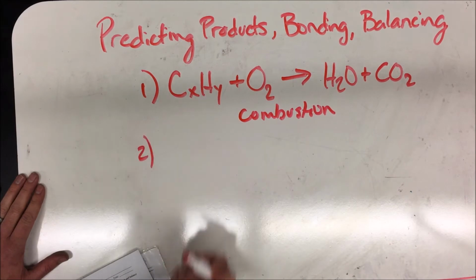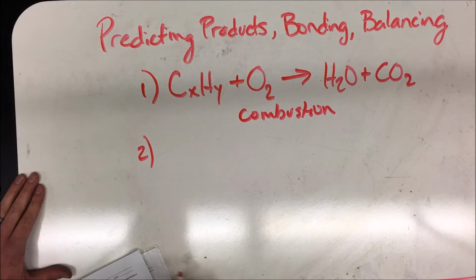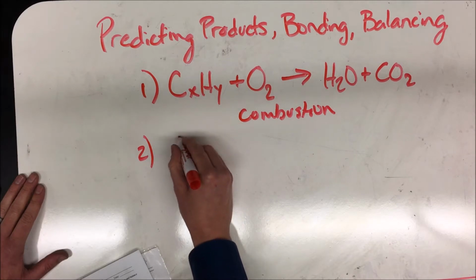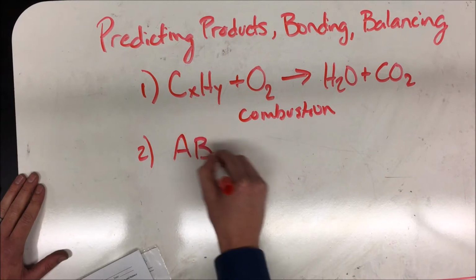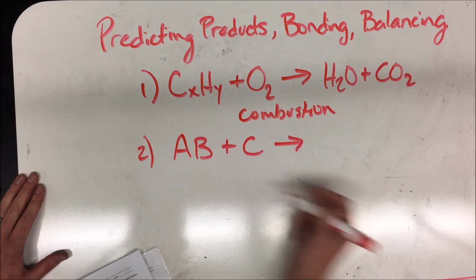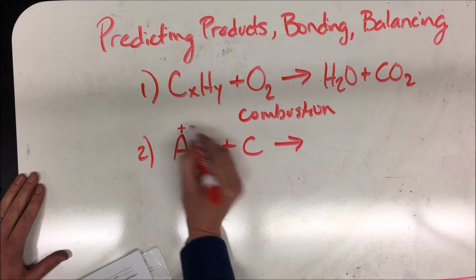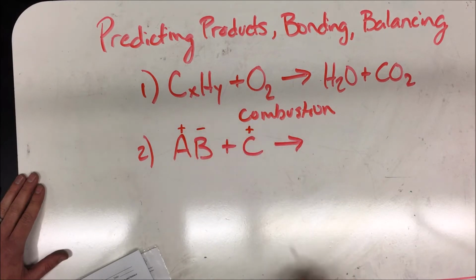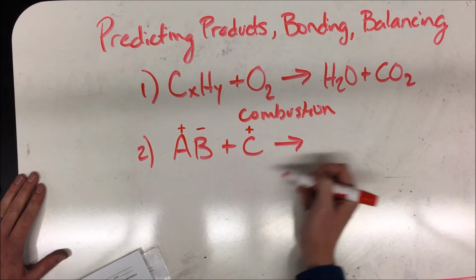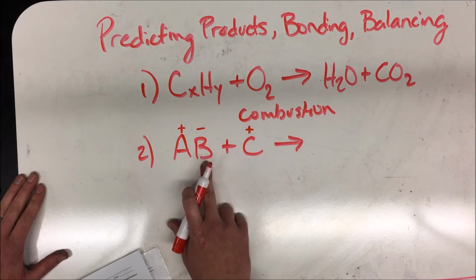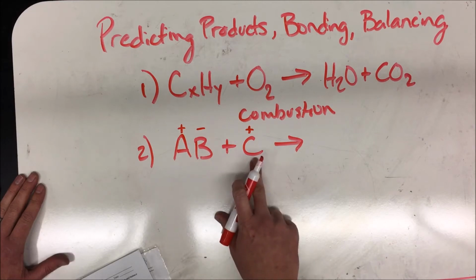Our second type of chemical equation is called single replacement. That is something like AB plus C yields, and I'm just going to label these: A is our cation and B is our anion, and C is a cation. What's going to happen in single replacement is that one anion is going to switch over to the other cation.